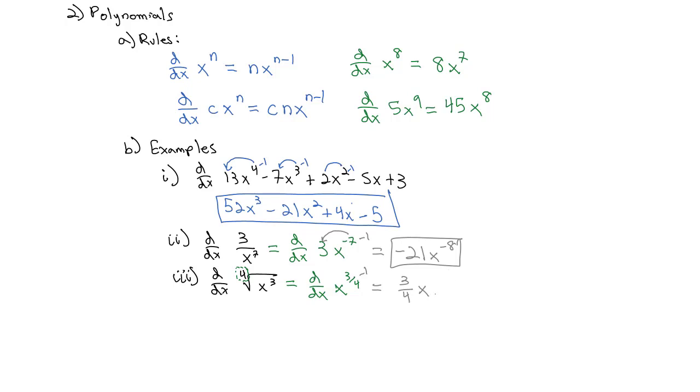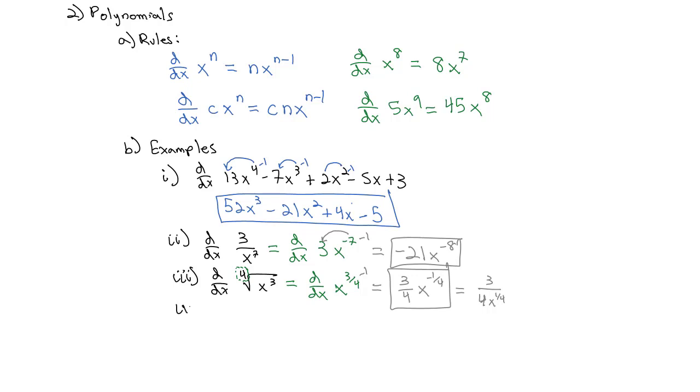And 3/4 minus 4/4 is negative 1/4. And we can leave it like that, or we can rewrite it as 3 over 4x to the 1/4. Either way is just fine. I'd probably keep the negative 1/4 as my final answer.